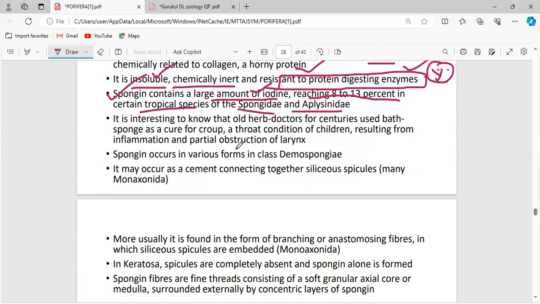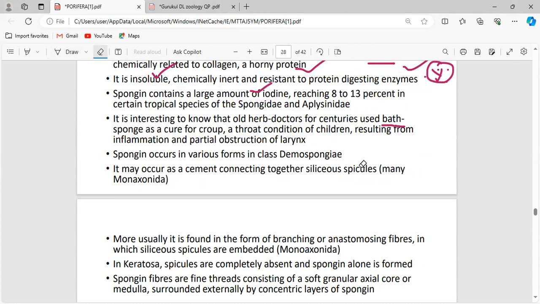Okay, fine. Now, it is interesting to know that old herbal doctors for centuries used bath sponge as a cure for croup, a throat condition of children resulting from the inflammation and partial obstruction of the larynx. The most important point is this.